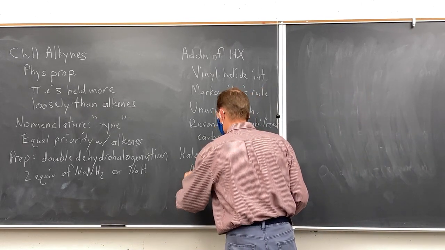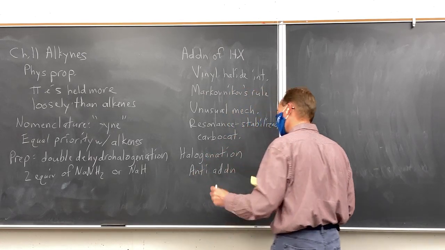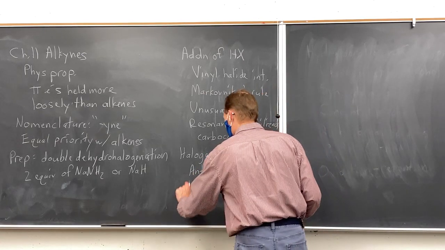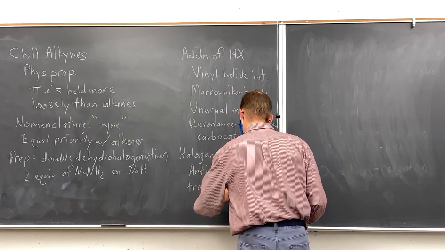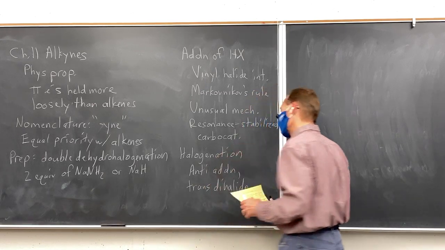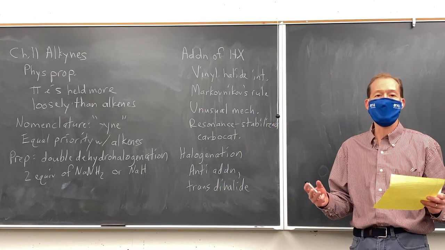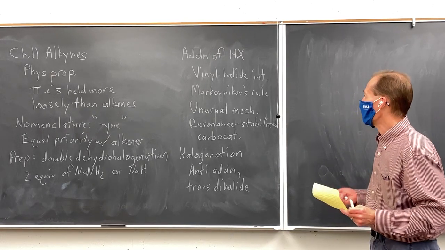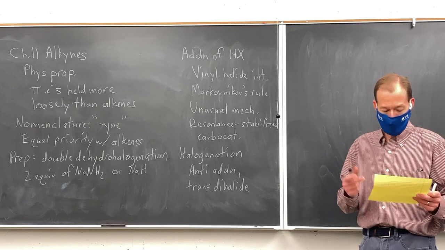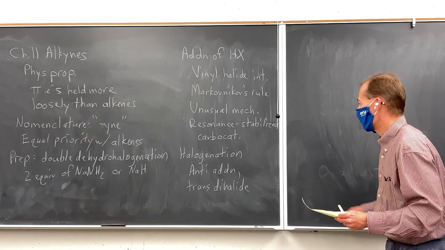If we used 1 equivalent, we'd have a dihalide intermediate, we'd have anti-addition, and we would have a trans dihalide. So knowing what the intermediate would look like in both of these reactions is important. What you would get if you used only 1 equivalent of the halogen or the HX versus the product you would get if you use 2 equivalents of the halogen or the HX.